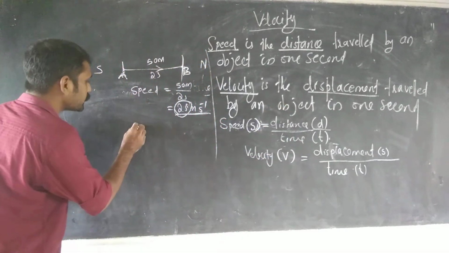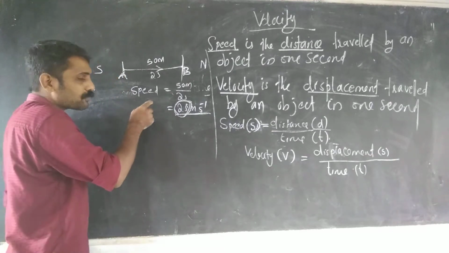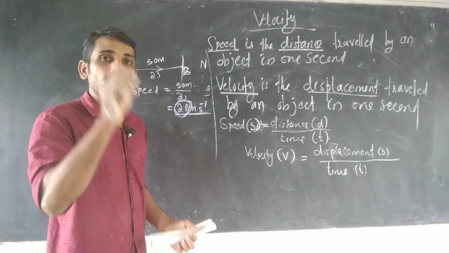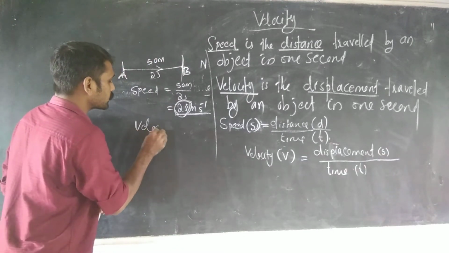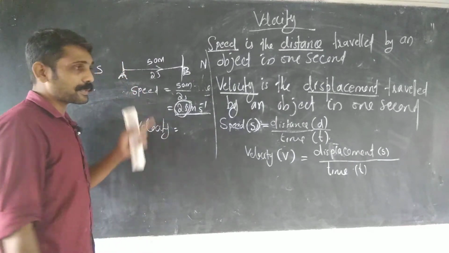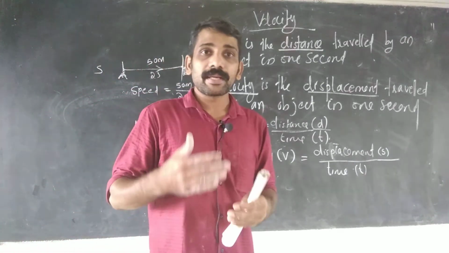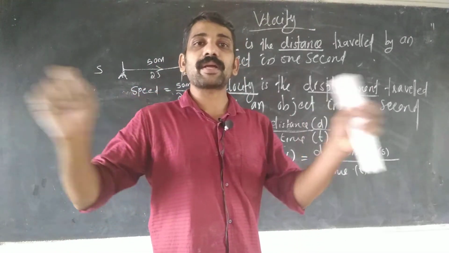So what is velocity here? Here 25 is the magnitude. In the case of speed, we have to only represent what? Magnitude. So what is velocity here? Velocity is displacement by time. What is the definition of displacement? Displacement is the shortest length between initial and final point.